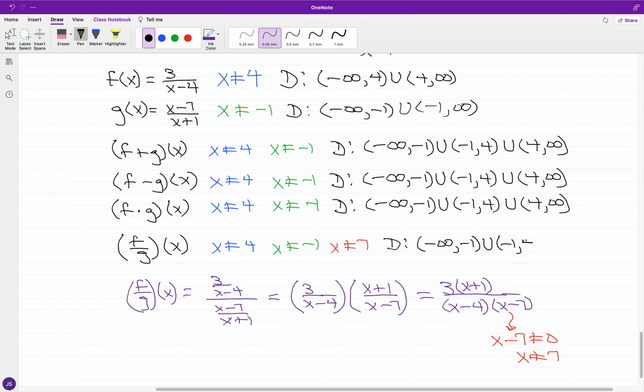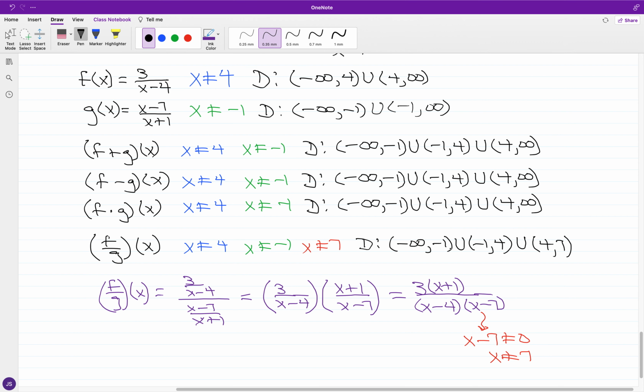Along with -1, we have 4 left out, but instead of going past 4 on out to infinity, you now have the exclusion of 7 as another roadblock. So you have this added interval section. You have values of x less than -1, those between -1 and 4 but not including those values, between but excluding 4 and 7, and then for the rest, those values of x greater than 7. The more specified exclusions you have, the more subintervals you'll likely have in the domain.